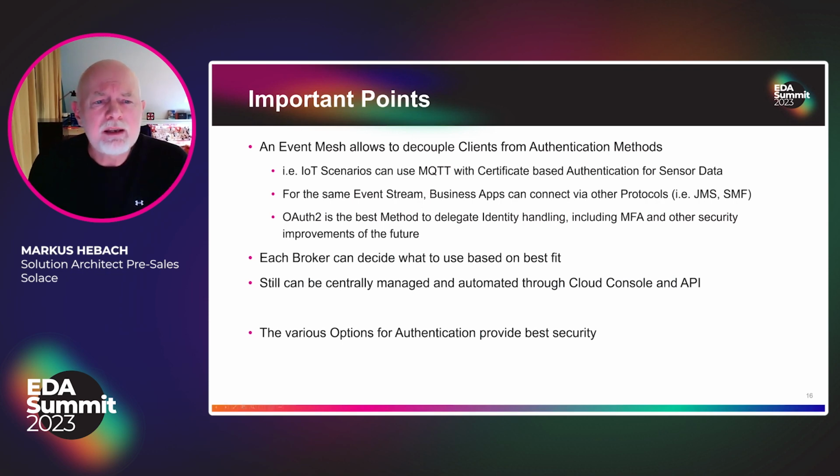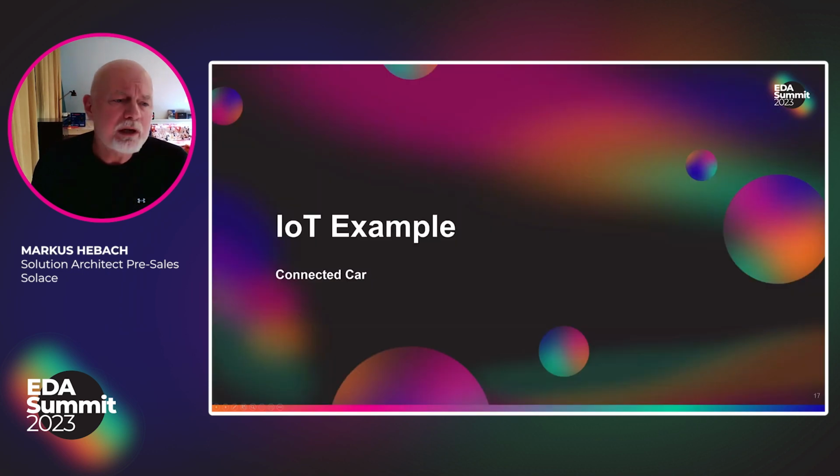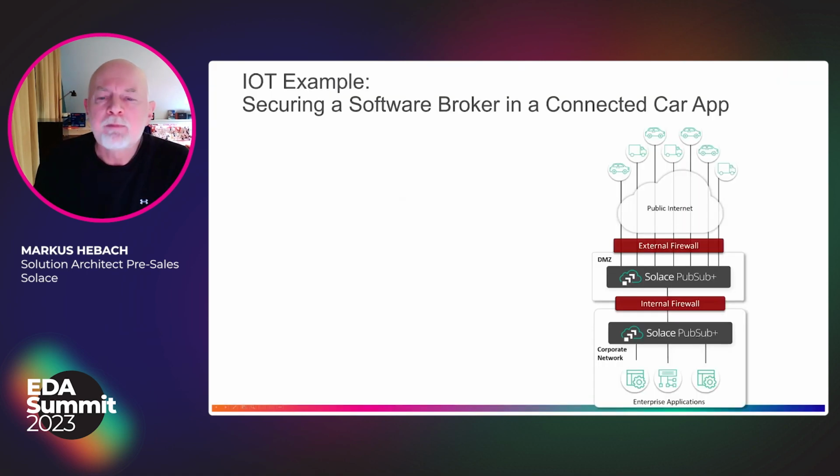So just one additional part is an example for IoT, where just one key element is important. I want to show that still as a complete use case, and you can imagine, because everybody more or less understands what a connected car does.